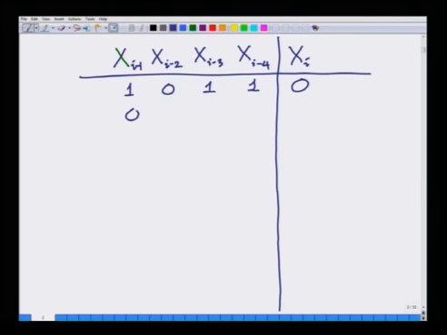The next state is 0, 1, 0, 1, xi is 1. The next state is 1, 0, 1, 0 and xi is 1. The next state is 1, 1, 0, 1 and xi is 1.